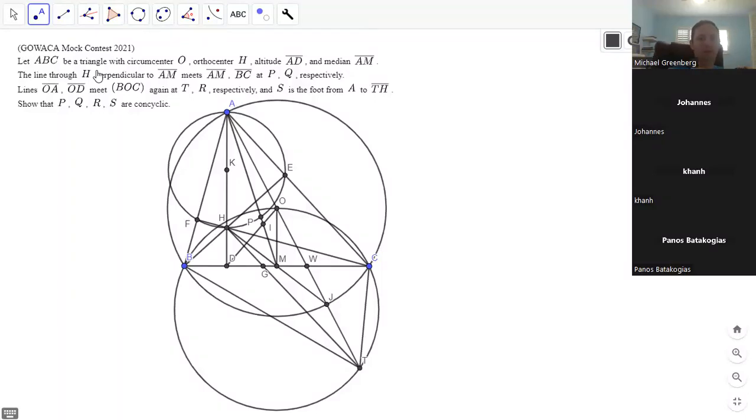Yeah, MG over DG. That's just the key ratio here. I just don't see how to get that.